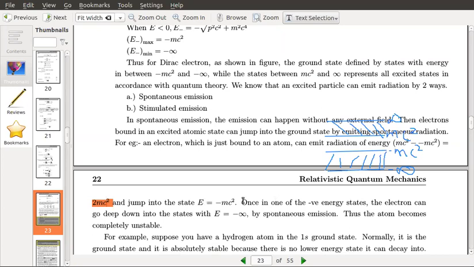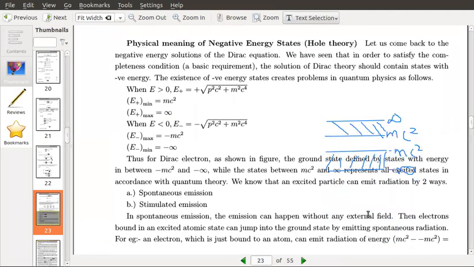Okay, now again when it is at that minus mc square state, it can again go down up to minus infinity by spontaneous emission. Is that idea clear?